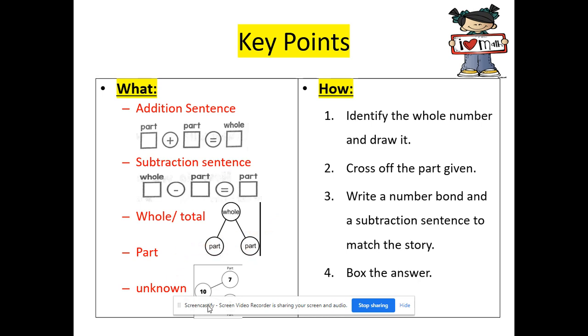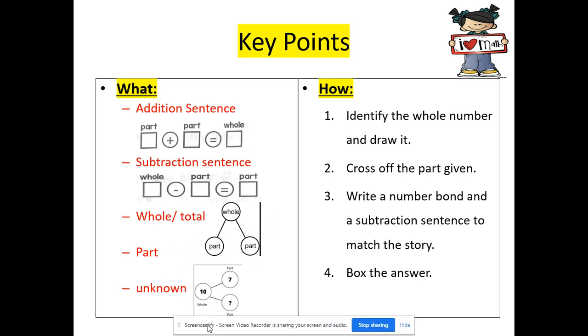And then we also need to know what unknown is, because we're going to be looking for our unknown part in these word problems. If you look at our number bond, here we have a whole, which is 10, and we have a part, which is 7, and then we have a question mark on our other part. That means we have an unknown part, a part that we do not know.